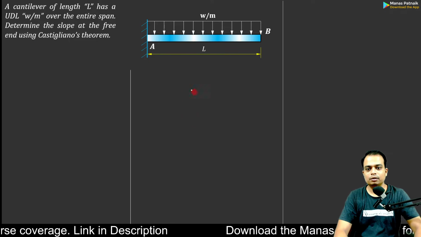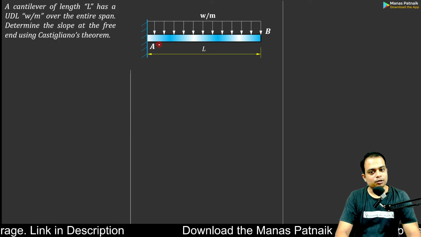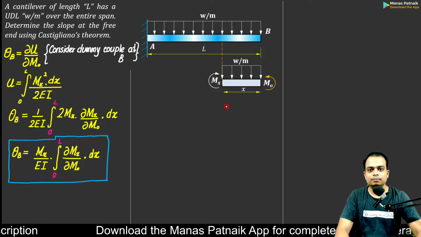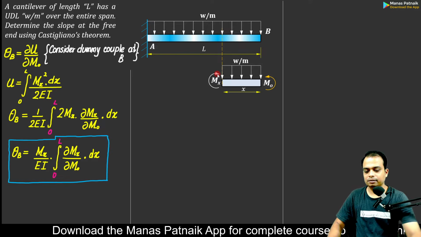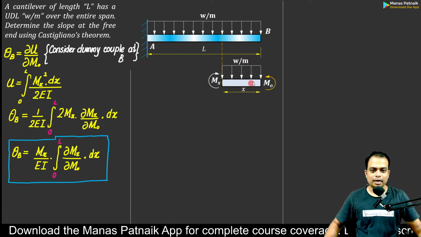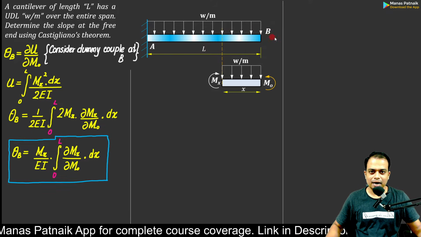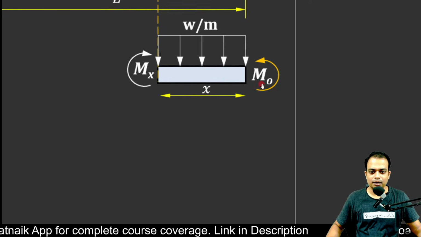In case number 2, we are dealing with a uniformly distributed load. Again, the idea is going to be very simple. You have to take a section. Once you take that section, take a look. As there is no couple acting over here, we have to add a dummy couple.